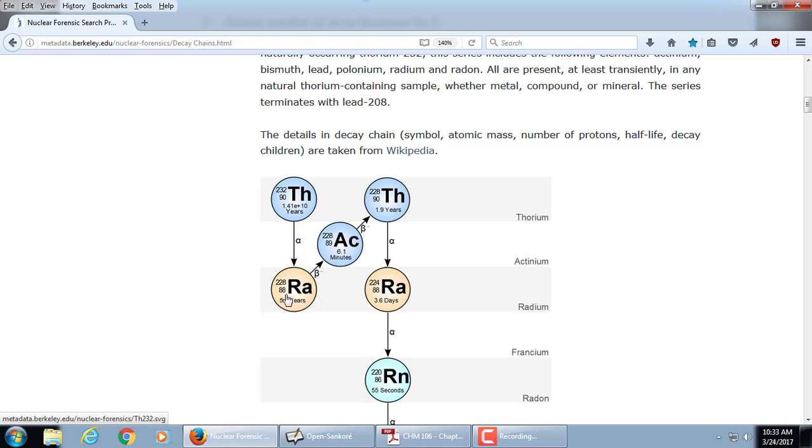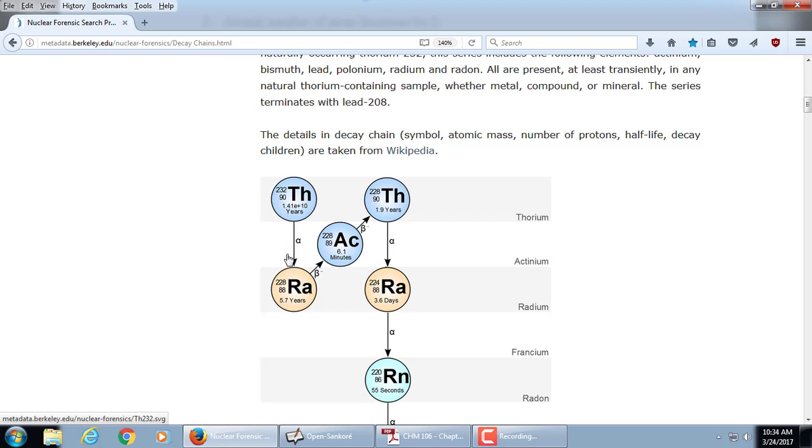So we gain a proton, and we go from atomic number 88 radium to atomic number 89, which is actinium, but you notice the mass didn't change. And if we undergo another beta decay, again that's a neutron decay, so the proton stays and the electron leaves. And so we gain another proton, so we go back up to thorium, and we have not changed the mass number.